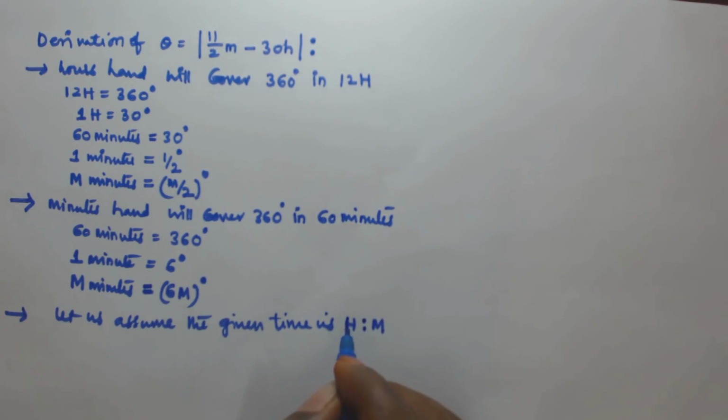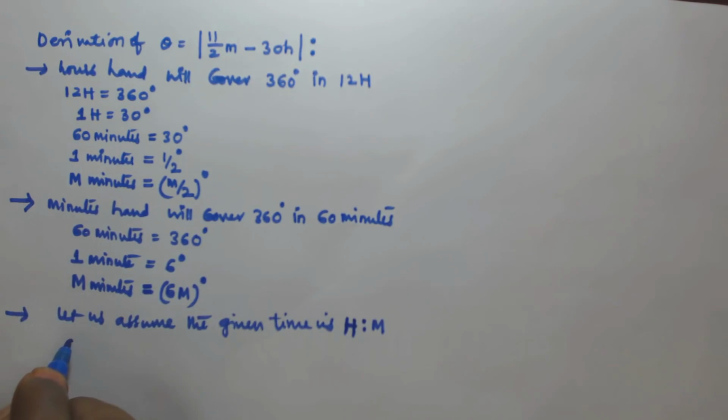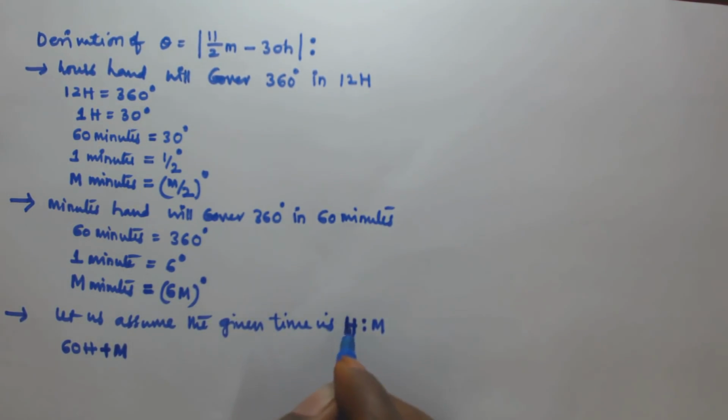I will convert this h hours into minutes. If I convert h hours into minutes, the position of the hours hand is going to be at 60h plus m. Why am I writing this plus m? Because if there are 6 hours, the number of minutes completed is going to be 6 into 60.